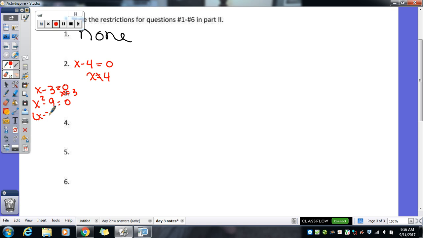Yep, this would factor into x minus 3, x plus 3. So x could not be 3 or negative 3. So that one has 2 restrictions. A lot of times we just write it as plus or minus 3 to kind of save a little bit of time.